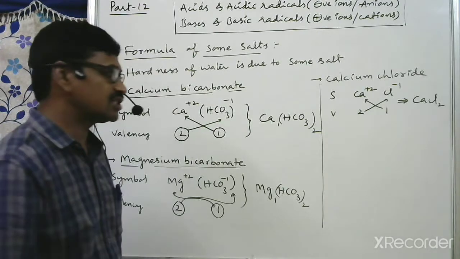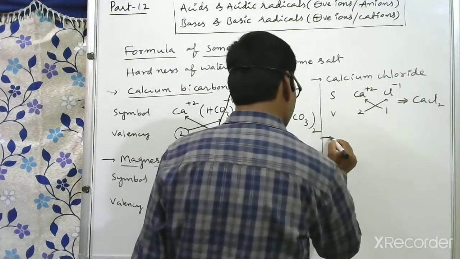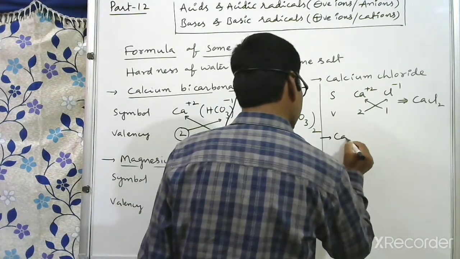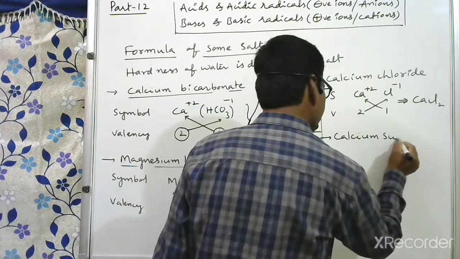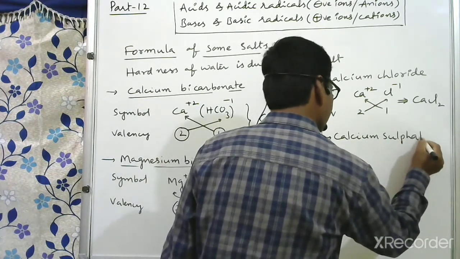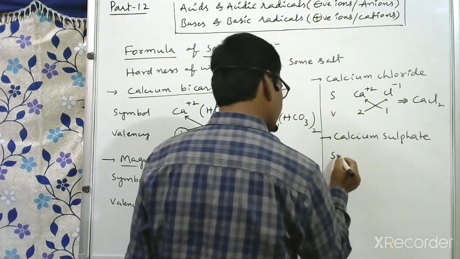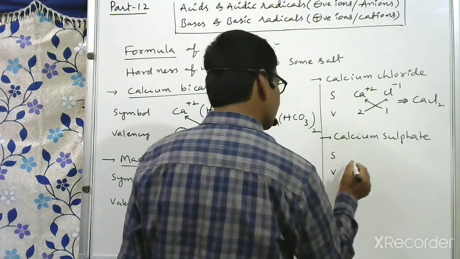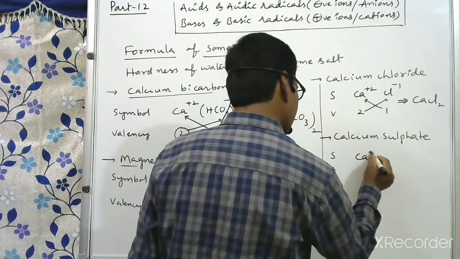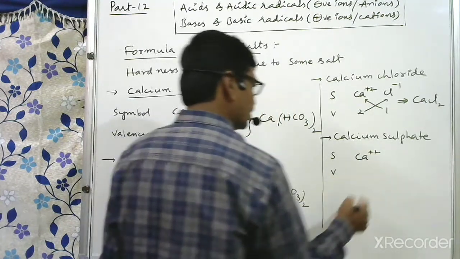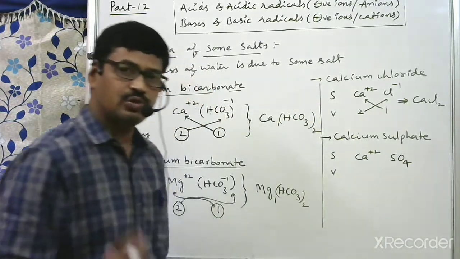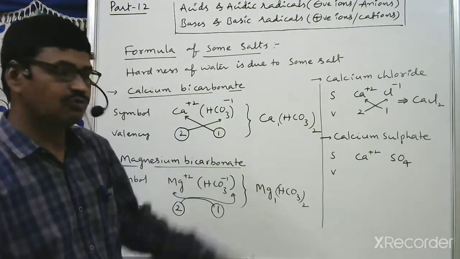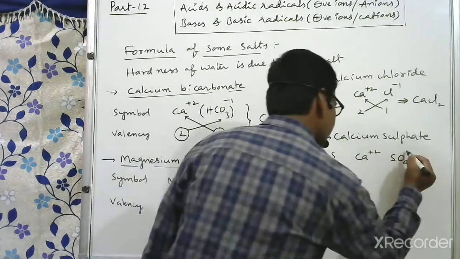Always you should take the simplest formula. Then next example, calcium sulfate. S symbol, V valency. Symbol Ca plus 2. Sulfate is from sulfuric acid. If we remove 2 hydrogens from sulfuric acid, we get SO4 and its charge is minus 2.